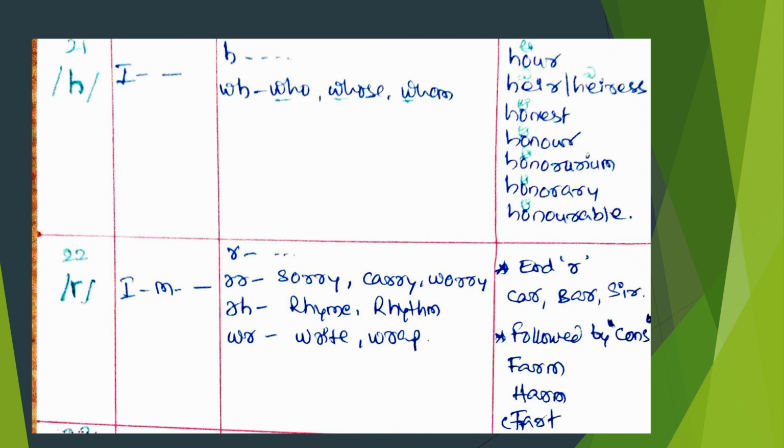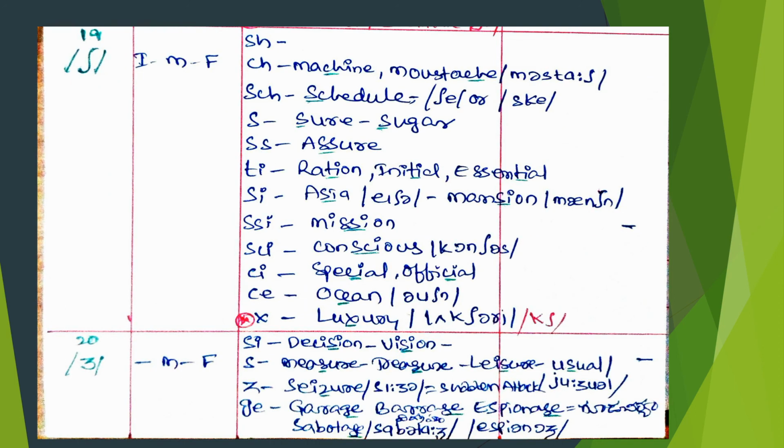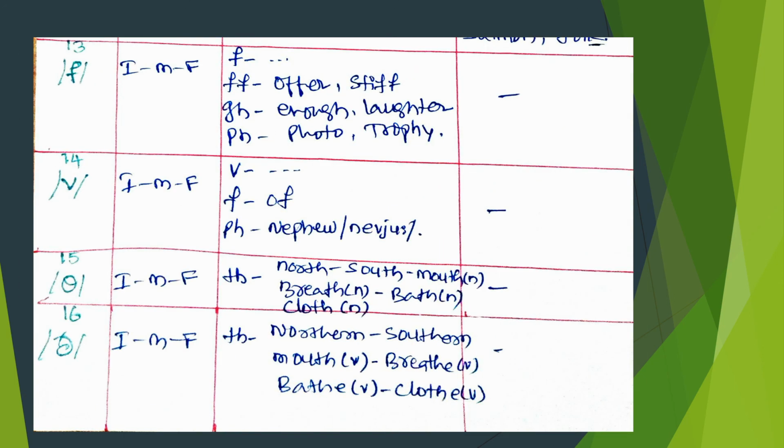Now, the sound H is also represented with WH. For example, WHO, who, WHOSE, whose, WHOM, whom. Right. So this is all for today.